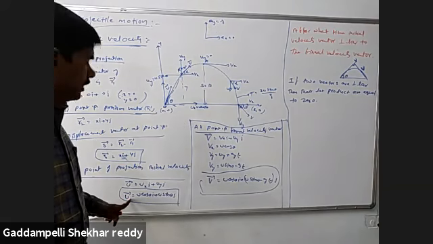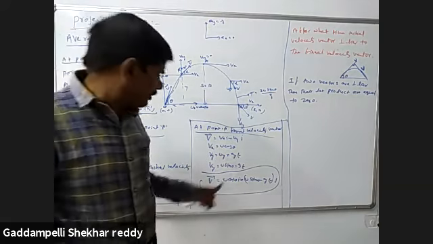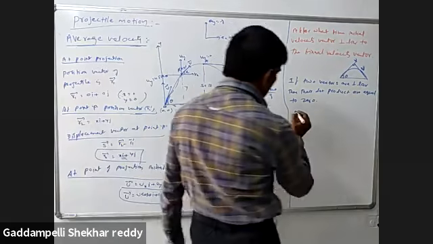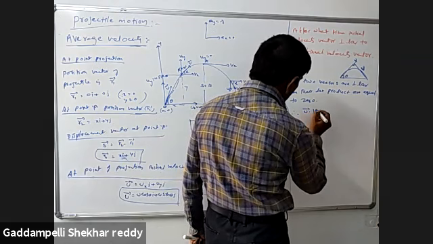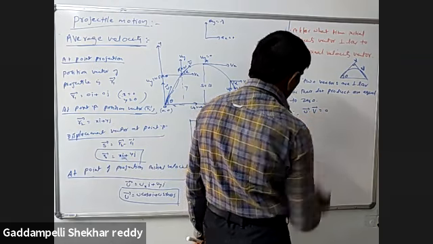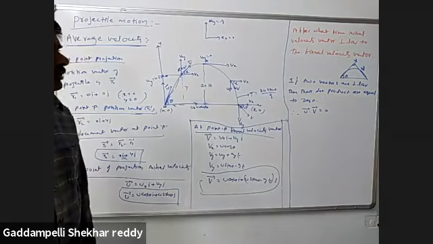Here two vectors mean one vector u, next vector v. So according to the given condition, u bar dot v bar is equal to 0.